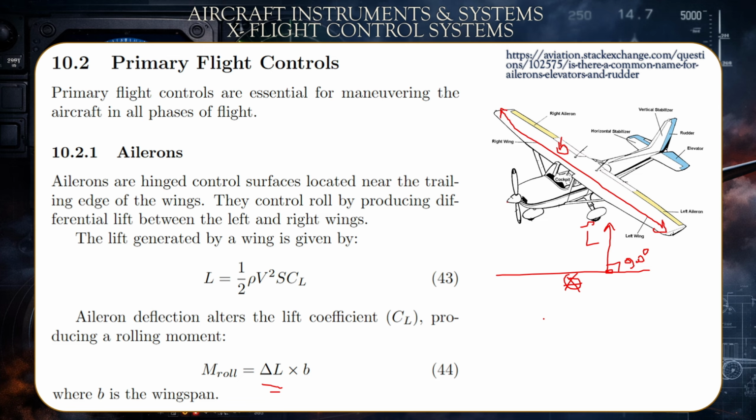Meanwhile, during a roll or a turn, this wing would be turning, let's say, 30 degrees or 40 degrees, whatever. That angle would cause the orientation of the lift vector to change. Now, the lift vector is always 90 degrees to the wing.